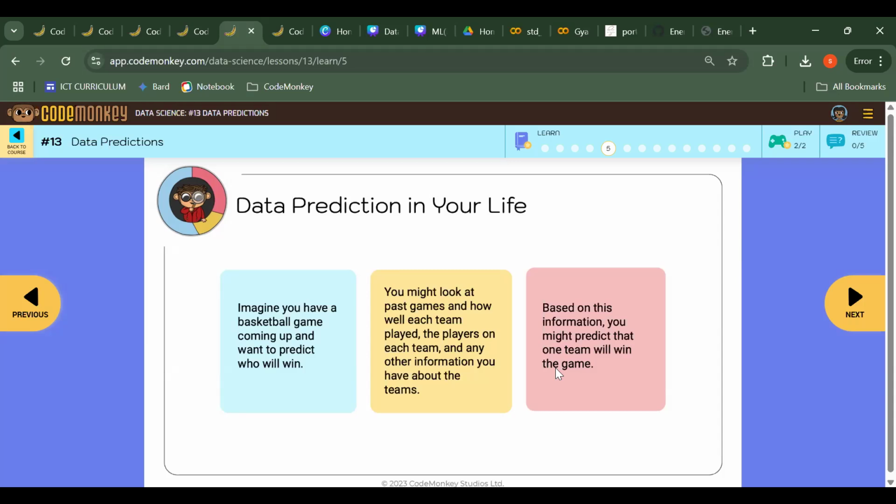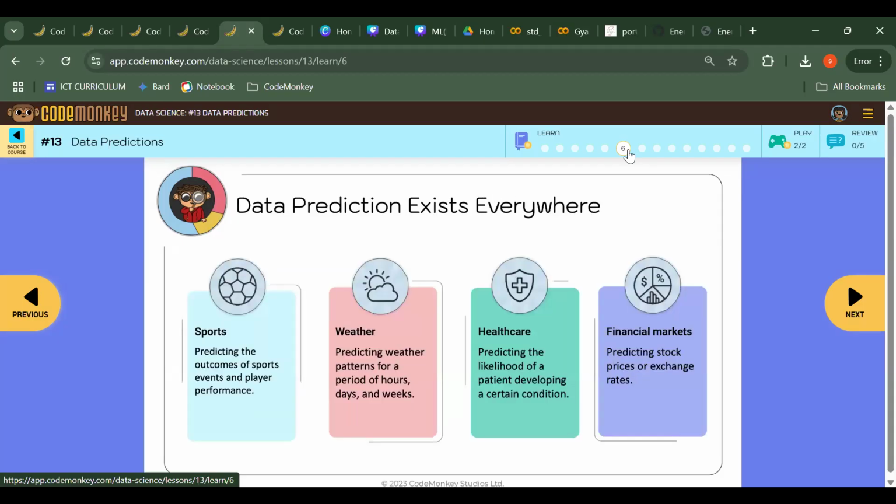This is a quite simple real life example, and data prediction is everywhere. Sports is the earlier example I made.